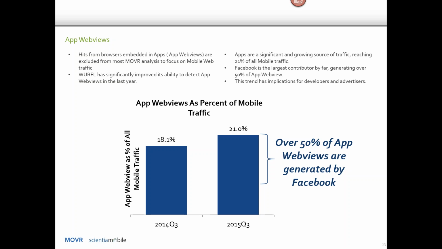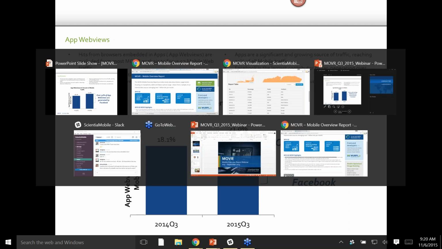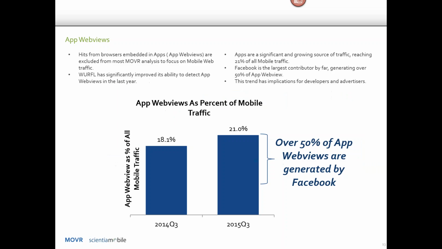But there are differences between the native browsers, the Safari browser, especially on iOS, and the web view, because the web view is a component within iOS, which is not the same rendering engine or the same way of interpreting HTML and JavaScript and so on that's in the Safari browser. So the performance is actually worse.